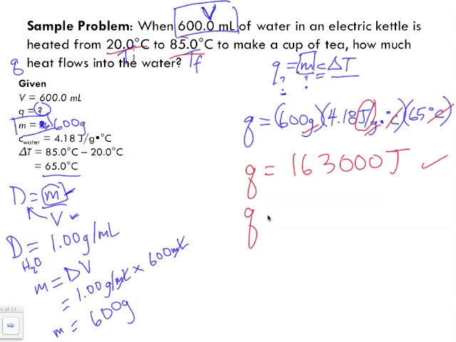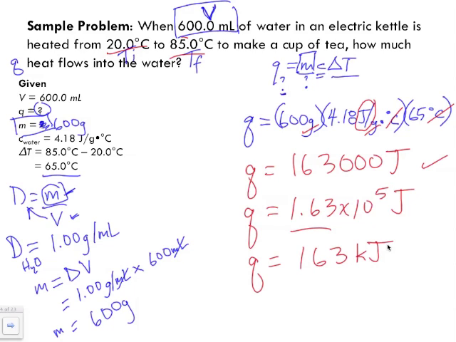We can convert this to scientific notation: 1.63 times 10 to the power of 5 joules, again 3 significant digits. Or if we want, it's up to us, it depends on if the question asks you to convert joules to kilojoules, which will give us 163 kilojoules.